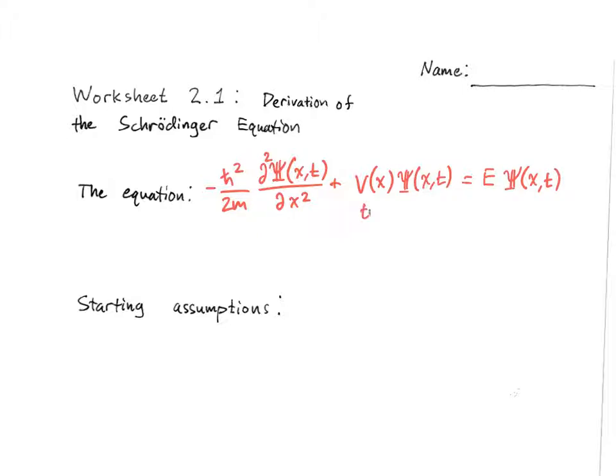Now this is the time independent version of the Schrodinger equation.